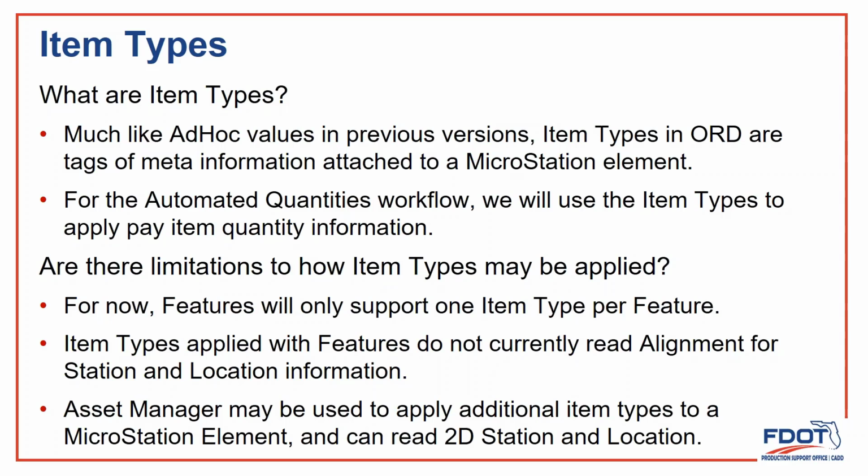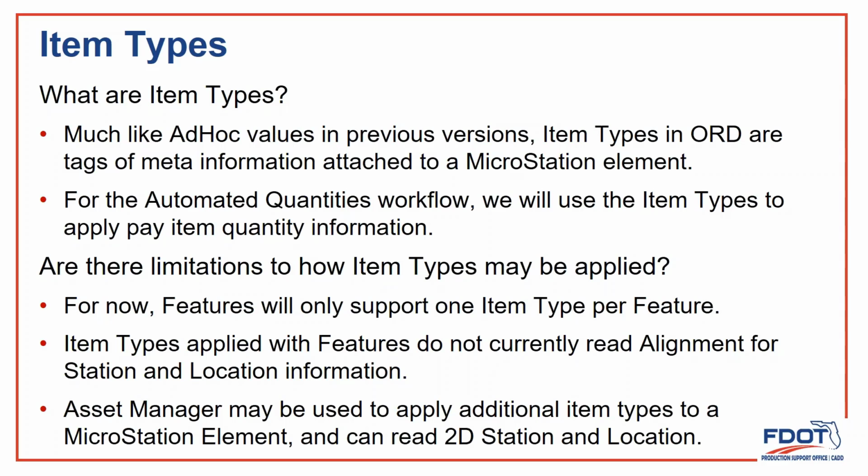But right now, in the 3D model, Asset Manager is not able to read the station and offset. So that's something we're working with Bentley on to make sure that we can get that to work, because ultimately we want all of our quantities to come from the model, because in the future the model is going to be our deliverable. And we're working towards getting all of our quantities from that 3D model, or as many as possible.